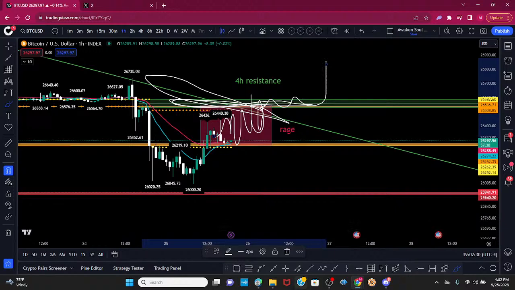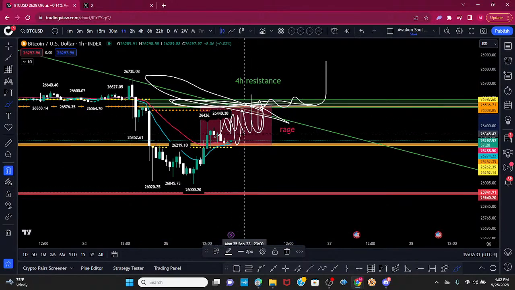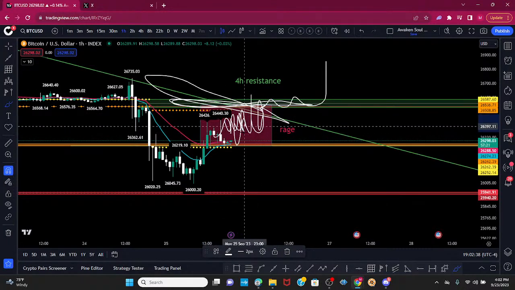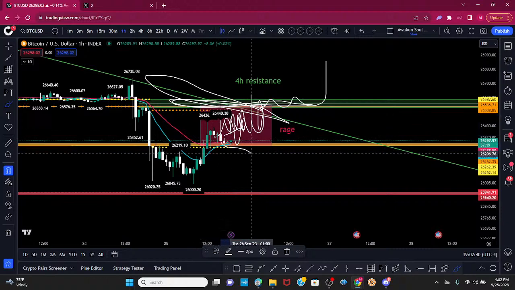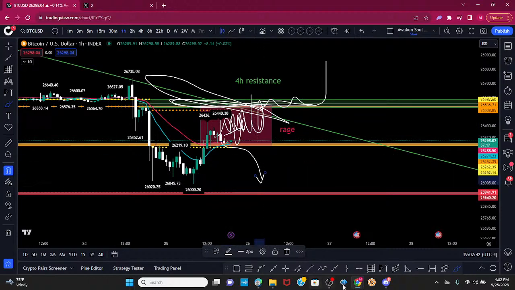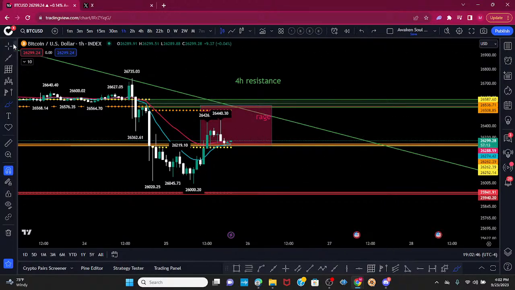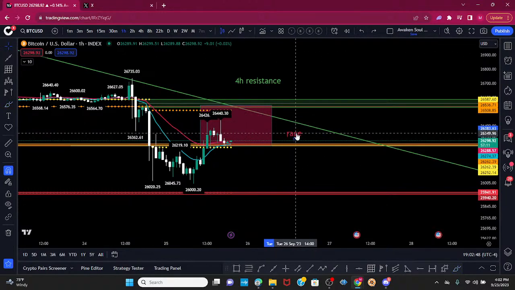That would be perfect for a long, or wait, because if you enter here, you could get chopped out. That's why you want to have that range. So you wait here, and once it breaks down, it's confluence to take that short. You're always looking for those possibilities.